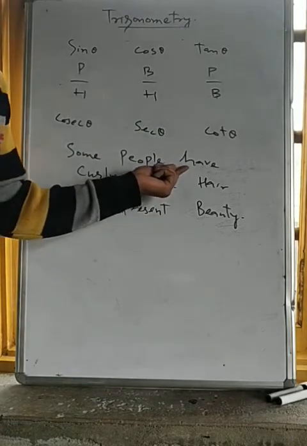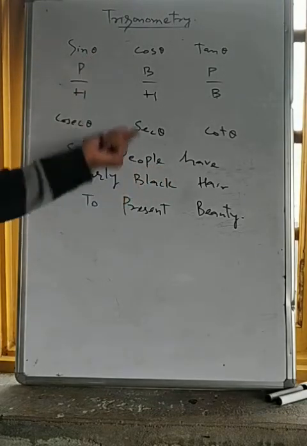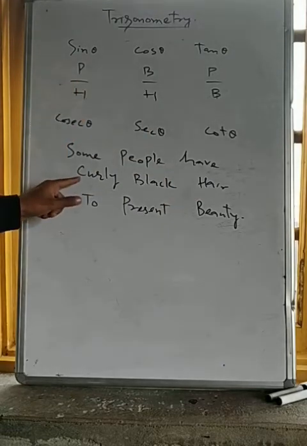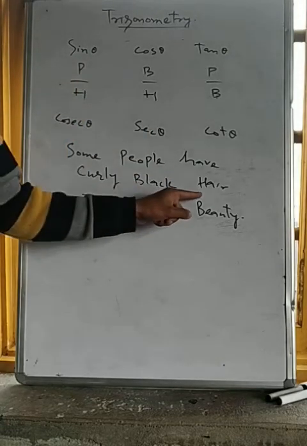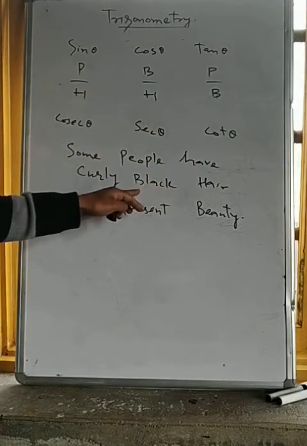Curly stands for cos, black stands for base, hair stands for hypotenuse, which means cos theta is equal to base divided by hypotenuse, and its opposite, which means sec theta, is equal to hypotenuse divided by base.